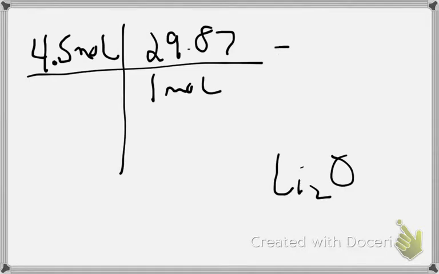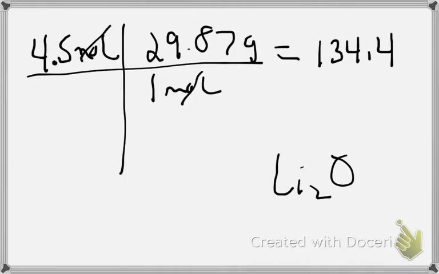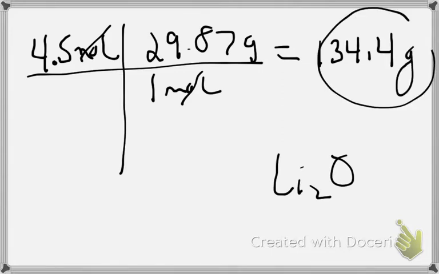So I multiply 4.5 times 29.87, and I wind up with 134.4. The moles cancel, so it's 134.4 grams for those 4.5 moles. It's the same thing that we did at the beginning of the year, just applying it to moles.